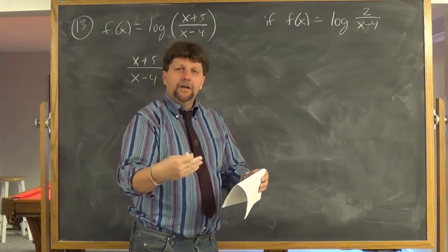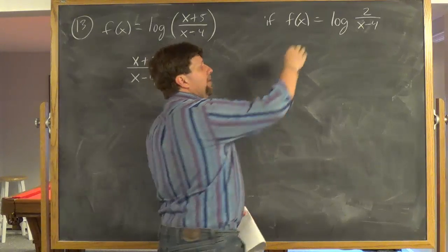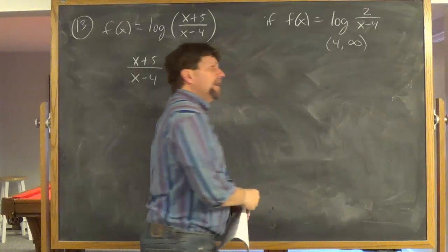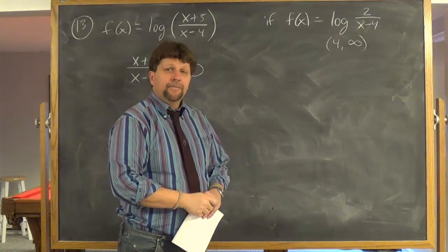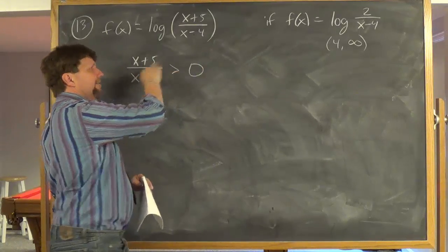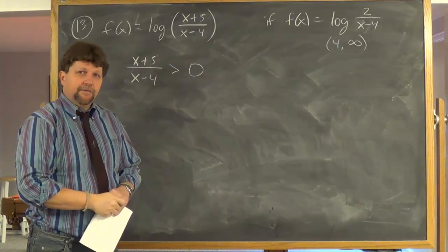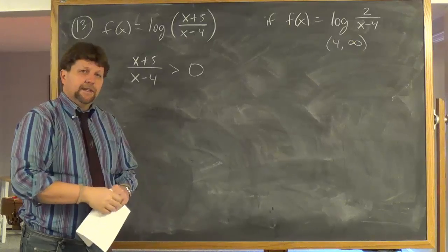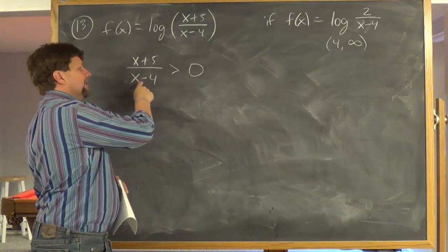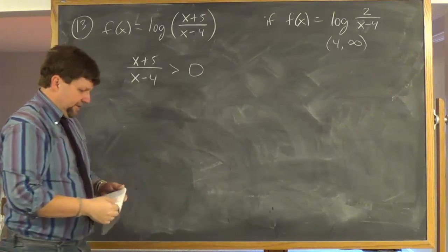I can't do the log of a negative number. So maybe I would immediately have that as the domain. But I don't have that. I have this that I'm trying to find the domain for. I know 4 isn't in the domain. But I have to guarantee for values of x that this rational expression is greater than 0.